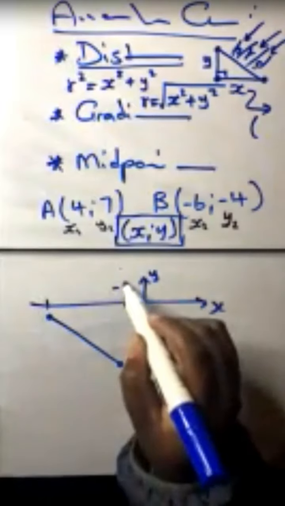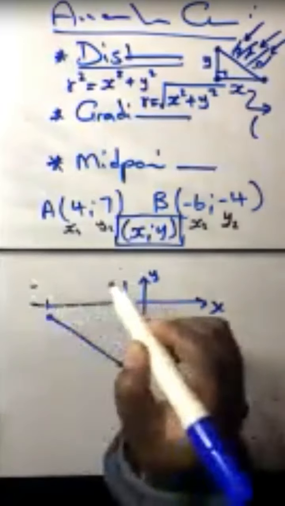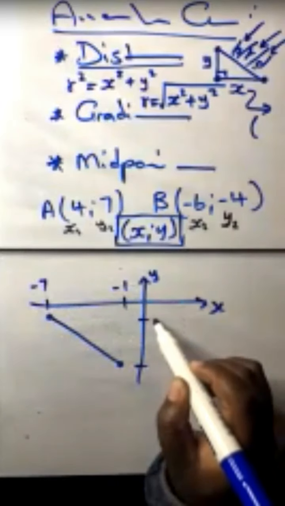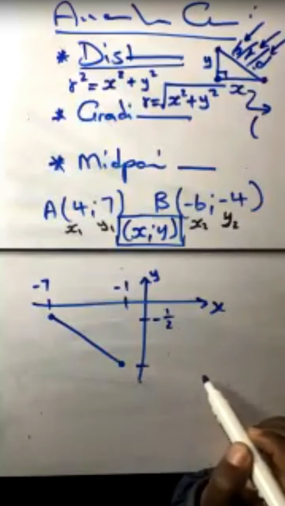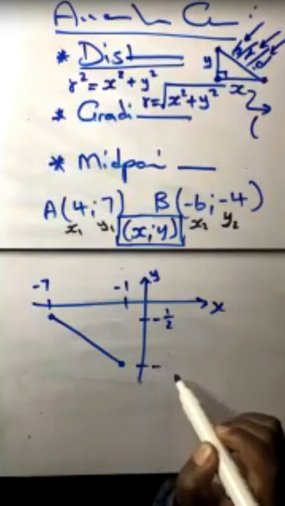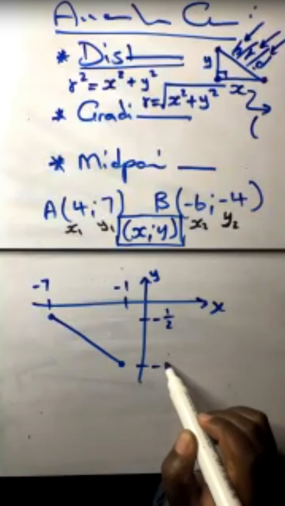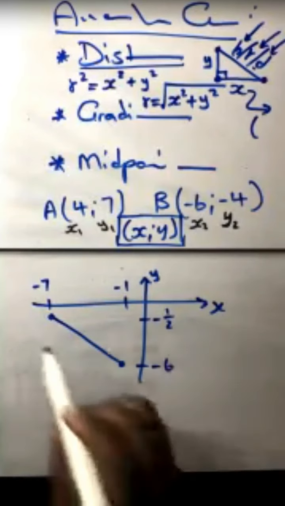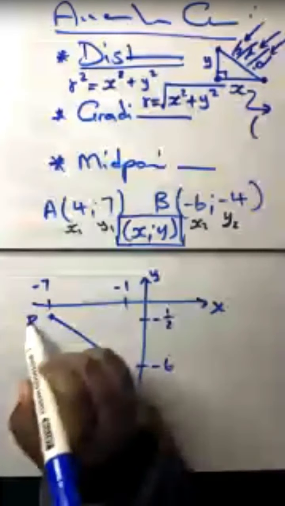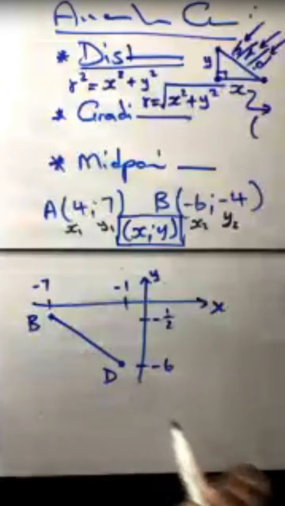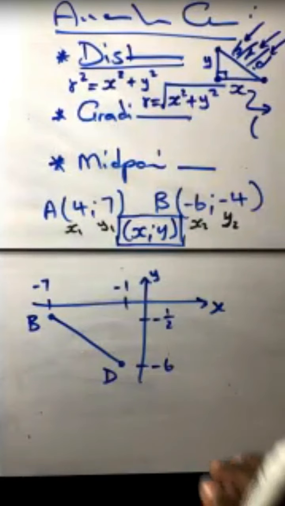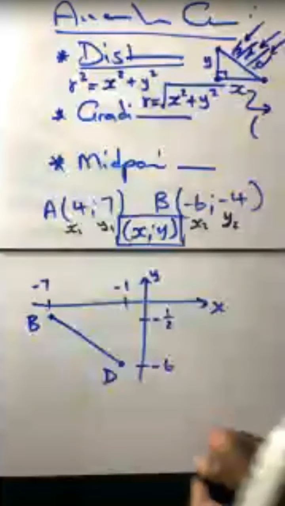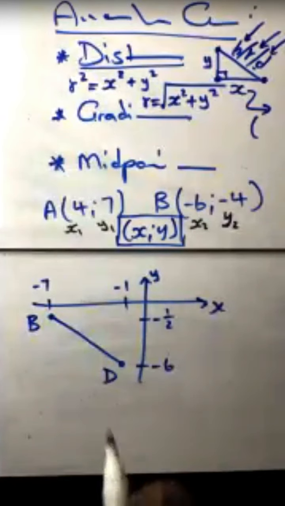So let's say this is -1, this is -7, this is negative 1/2, and -6. This is point B, this is point D. So, ladies and gentlemen, what are the coordinates of B?